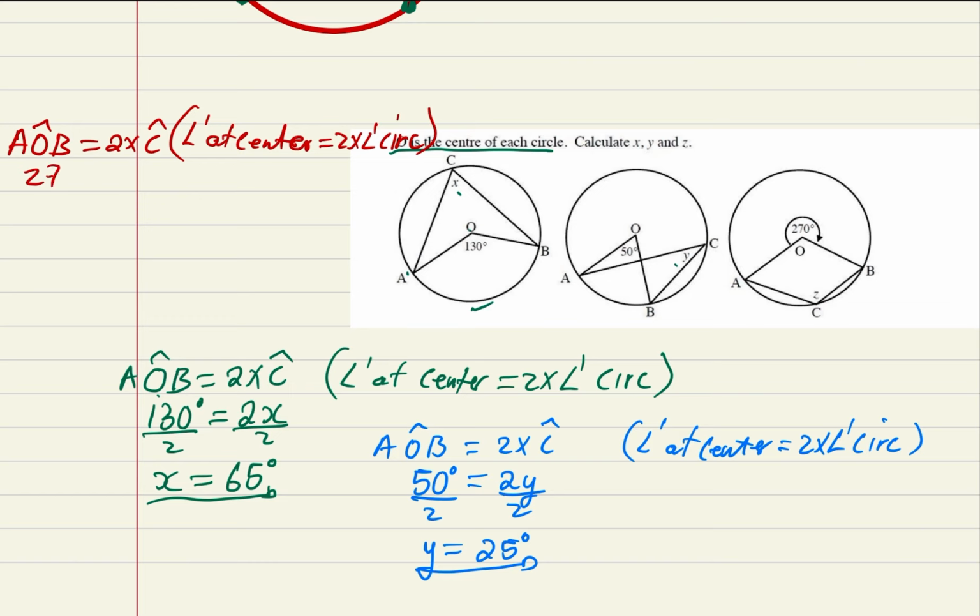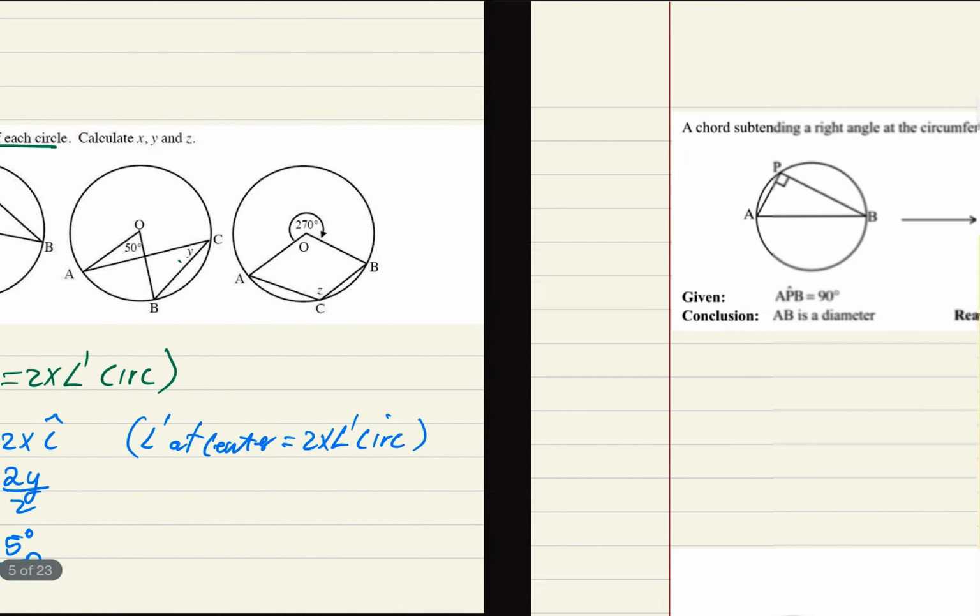That is 270 degrees is equal to 2Z. Then you divide by 2, divide by 2. We know that 270 divided by 2 will give us 135. So we know that Z is equal to 135 degrees. So that is how we deal with such problems on the second theorem. Okay, let's go to the next one.